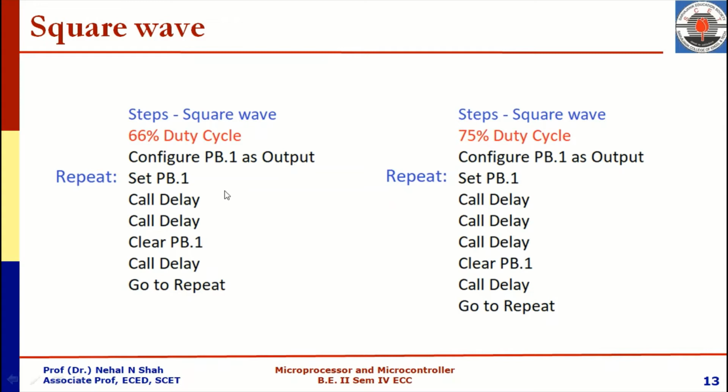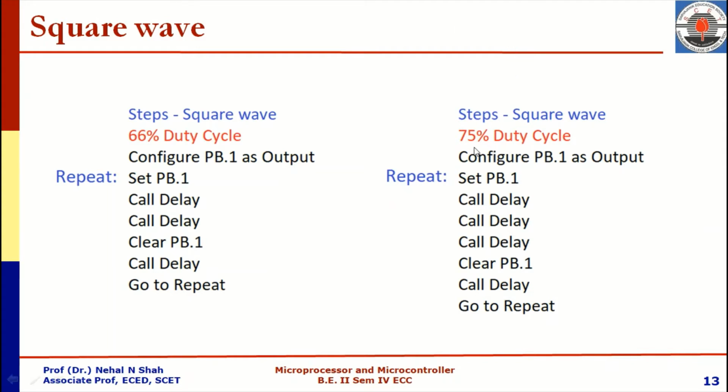In case of 66% duty cycle, we can call delay twice. After that, we can clear port bit, and again we can call delay routine just once. So, twice we have called delay after setting pin. So, on time will be double than off time. Due to that, duty cycle will be 66%.